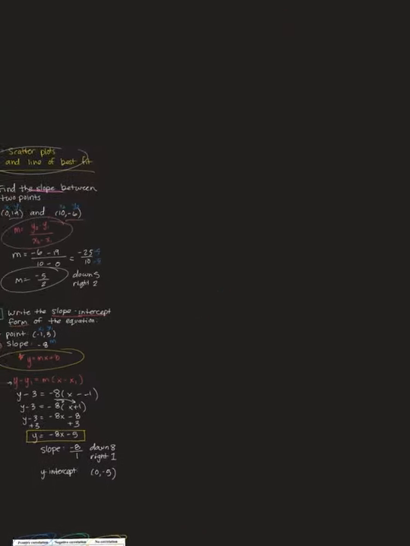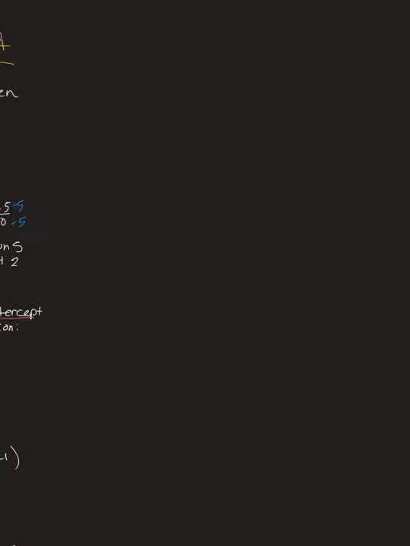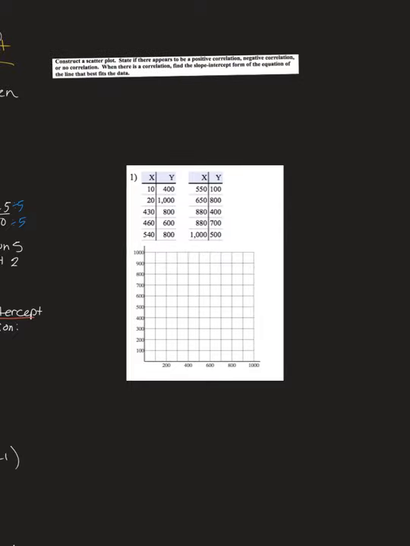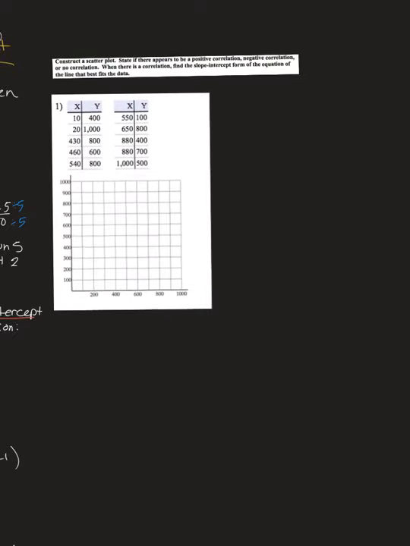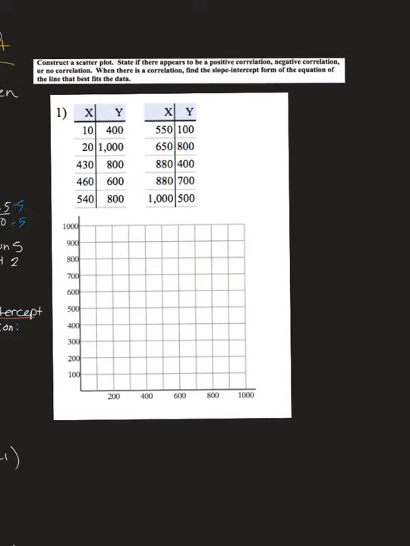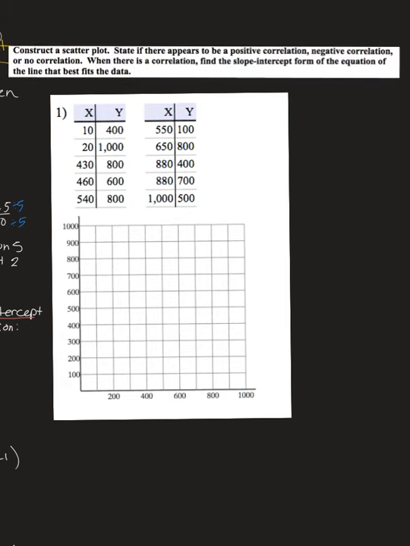Okay, so let me give you guys another example. Construct a scatter plot, state if there appears to be any positive, negative, or no correlation, and then if there is a correlation, find the slope-intercept form of the equation of the line of best fit. So remember, our very first step is to plot all of our points.